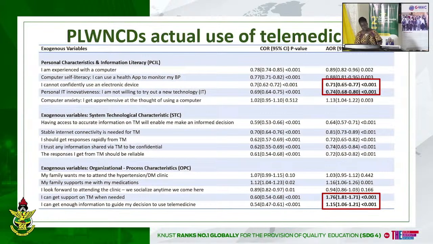So when the analysis was conducted for actual use of telemedicine, persons who said that they were not confident to use electronic devices were negatively associated with usage, whilst for operational processes, people who mentioned that they had support in terms of usage of telemedicine and could get enough information to guide them in their decision to use telemedicine were positively associated.